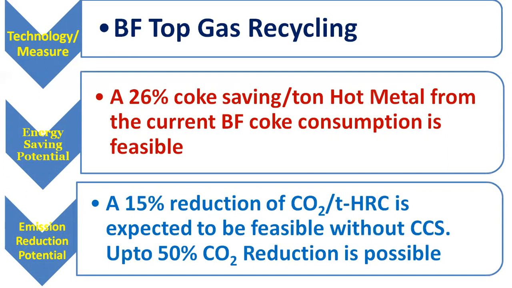A 15% reduction of carbon dioxide per ton of heat recovery system is expected to be feasible without continuous casting system. Up to 50% carbon dioxide reduction is possible with this recycling of blast furnace gas from the top. Then the next measure is on slag heat recovery.